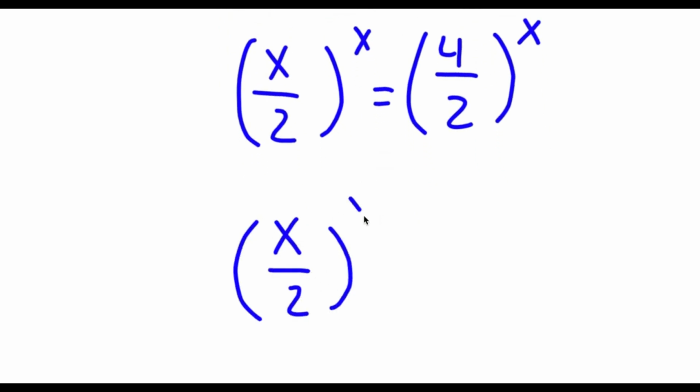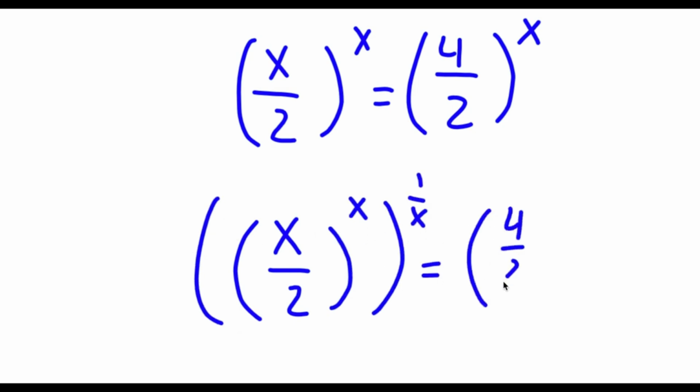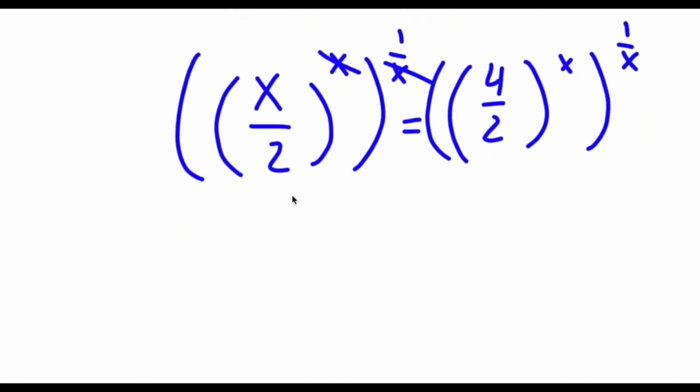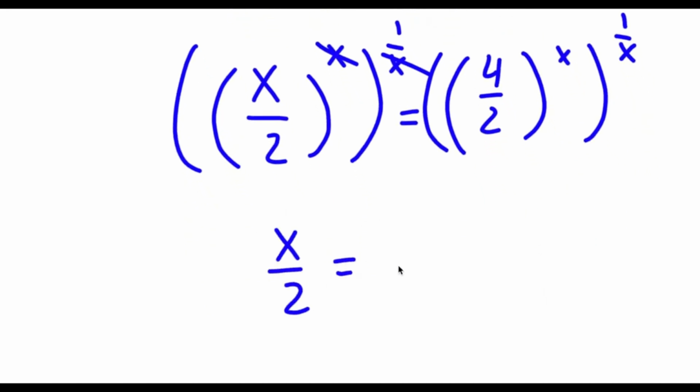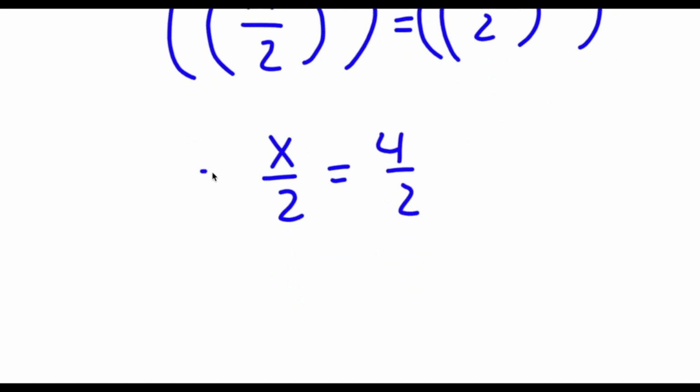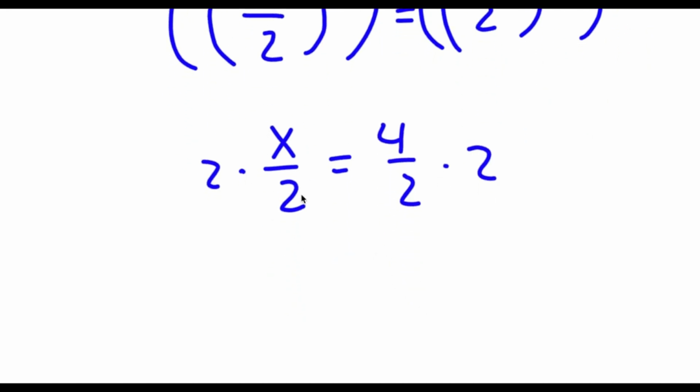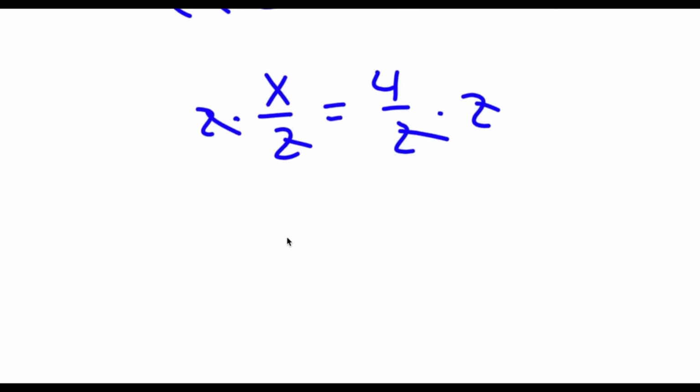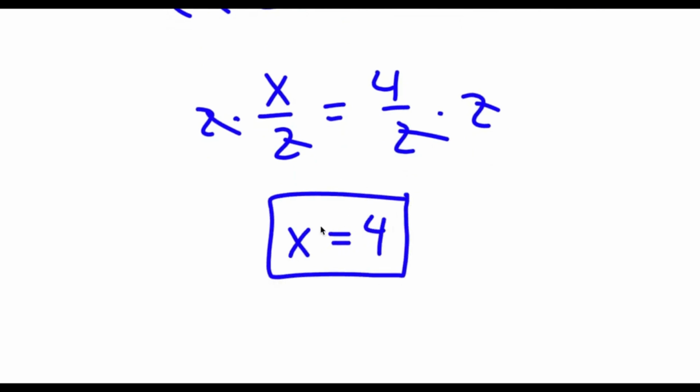So now I have x over 2 to the power of x to the power of 1 over x is equal to 4 over 2 to the power of x to the power of 1 over x. Now x and 1 over x simply cancel out, so I'm left with x over 2 is equal to, same thing over here, 4 over 2. Now if I multiply both sides by 2, these two cancel out, these two cancel out, and I'm left with x is equal to 4. So this is my answer.